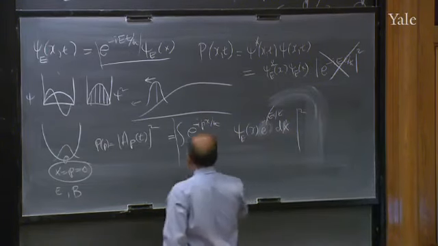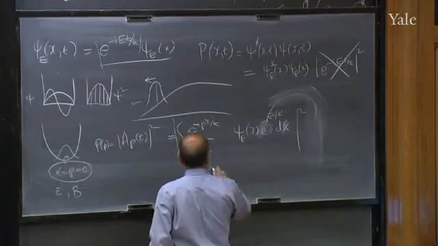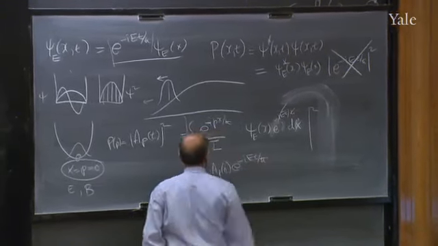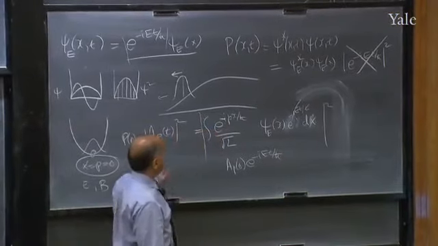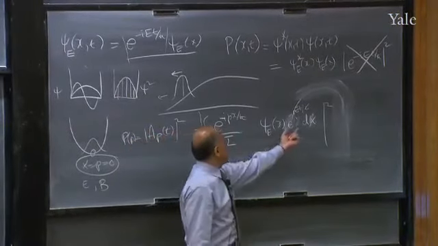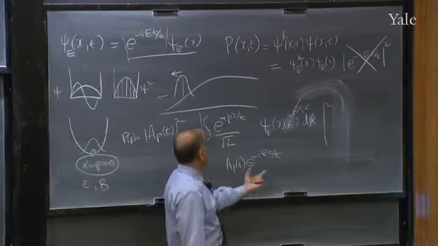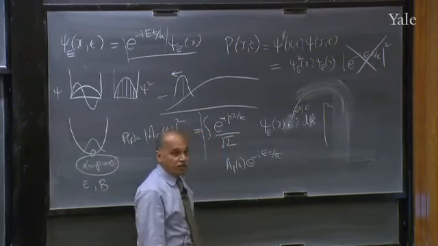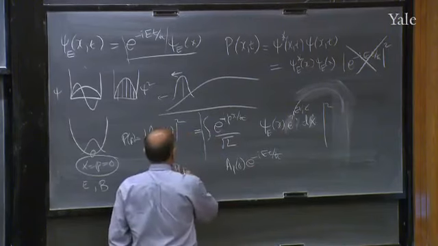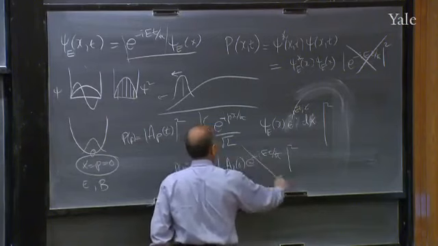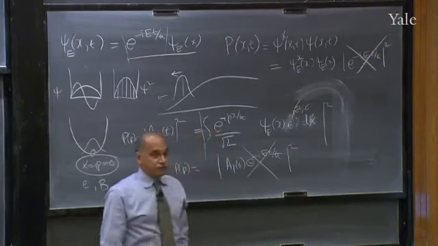You will find a of p looks like a of p at 0 times e to the minus iEt over h bar. Do you see that? If the only thing that happens to psi is that you get an extra factor at later times, the only thing that happens to a sub p is that it gets the extra factor at later times. But the probability to find momentum P is the absolute value squared of that, and in the absolute value process, this guy is gone.